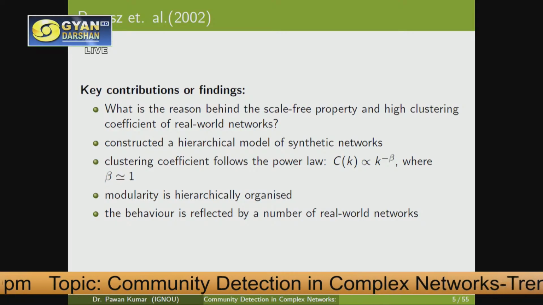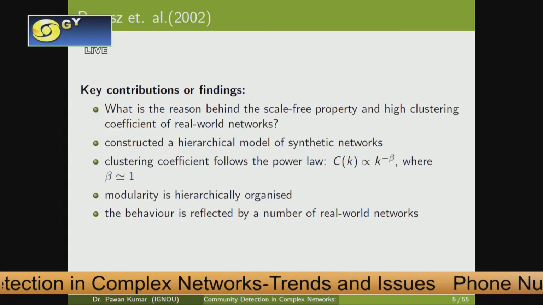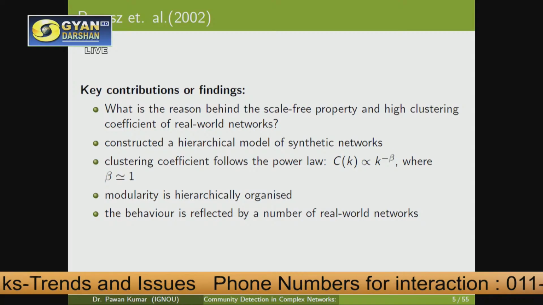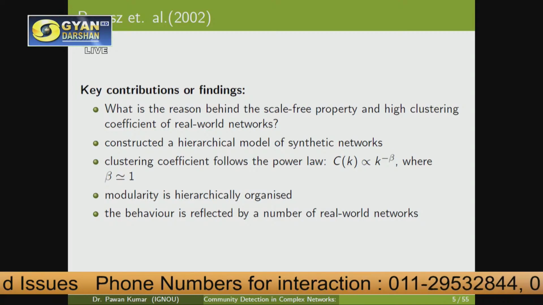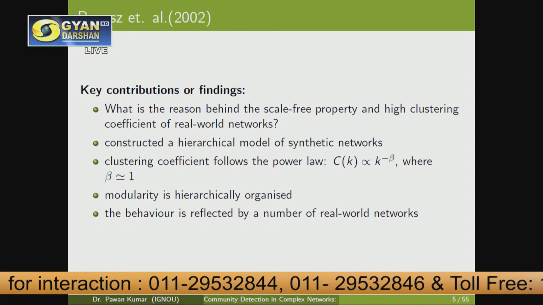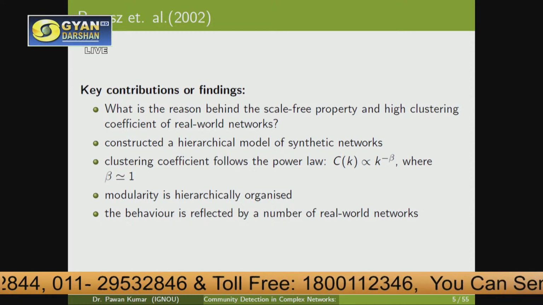So that when you look at the whole network from the top, you will find very few nodes of high degree but a very large number of nodes of small degree. So that model mimics the scale free characteristic of networks.